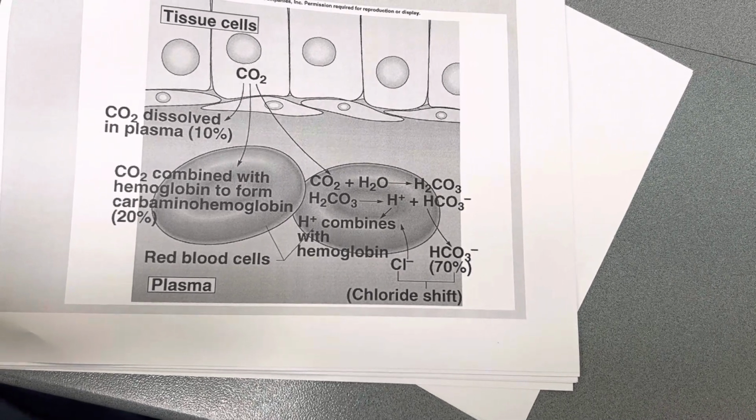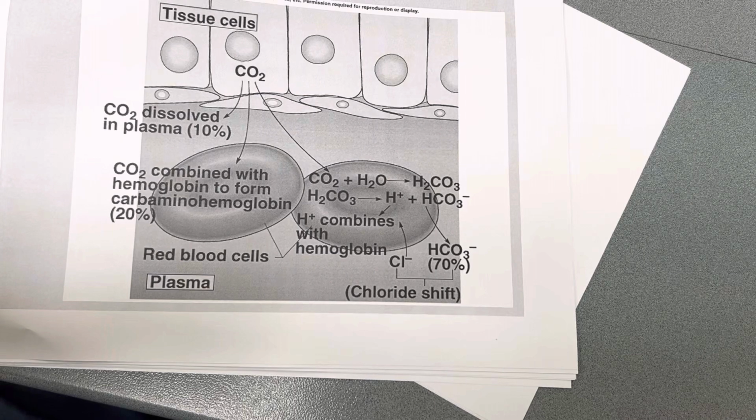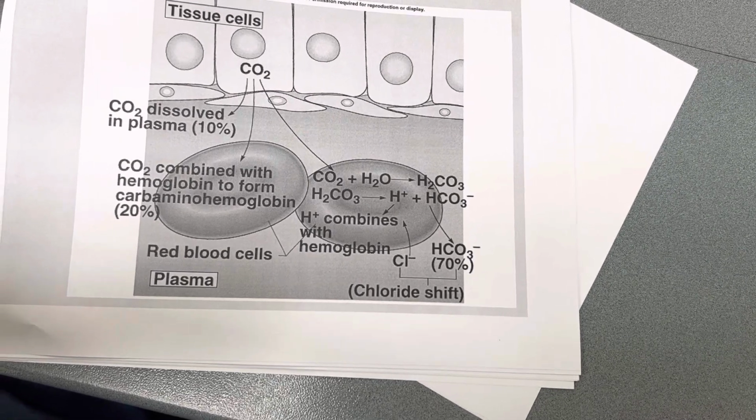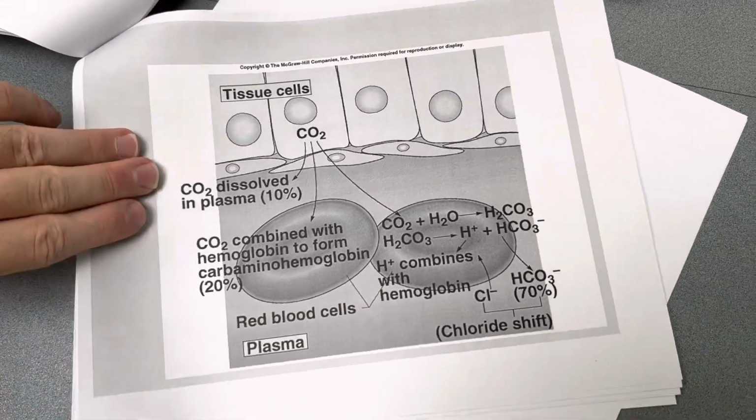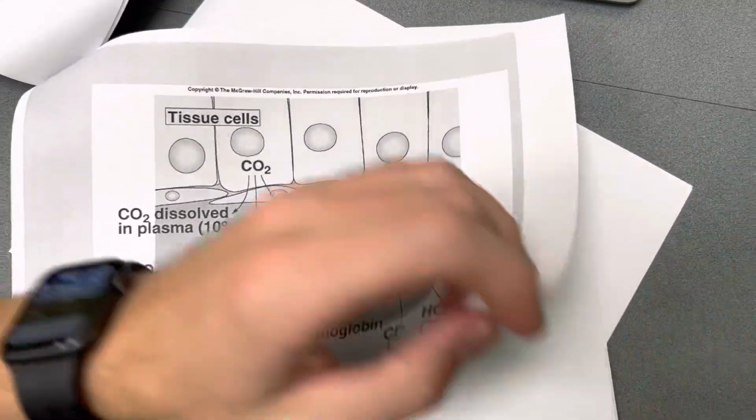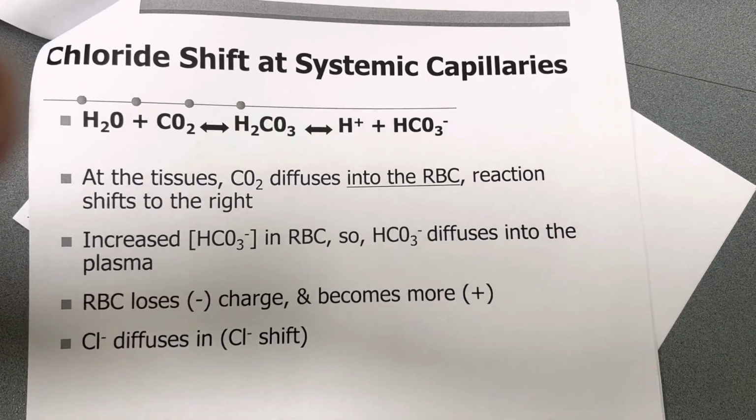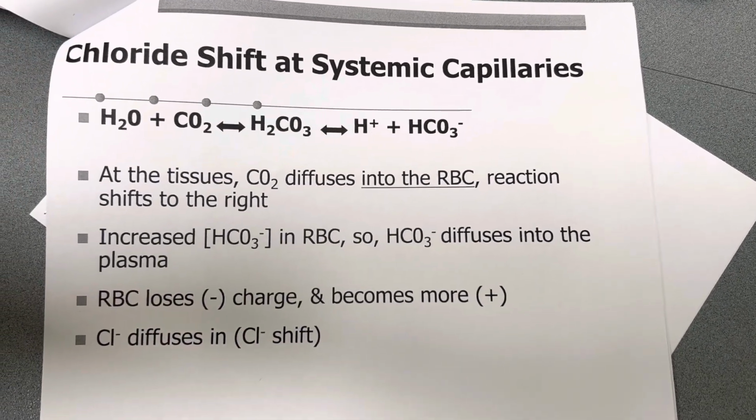HCO3, 70%. Chloride shift, Cl negative. Chloride shift at systemic capillaries.